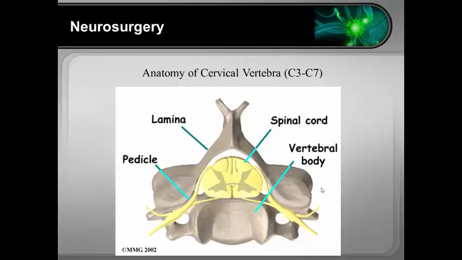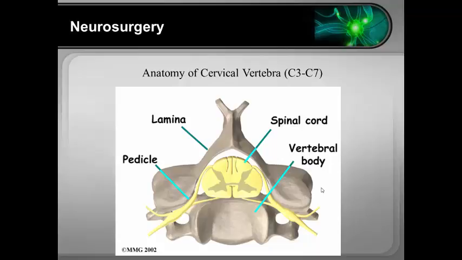Please pay attention to how this picture is oriented. This is the image of someone's vertebra if they are facing you. The round vertebral body is toward the center of their body. There is a small section of bone that connects the vertebral body to the lamina, and that's the pedicle. The pedicle is going to be really important in the lumbar spine.